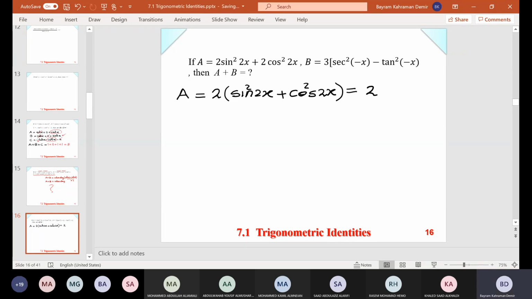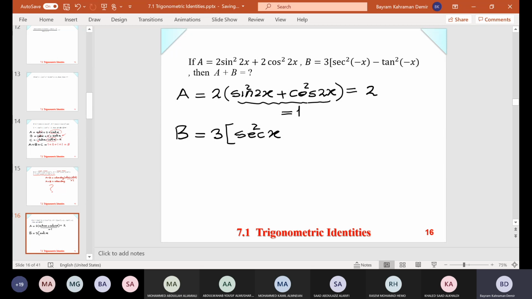All right. And the b, let's look at the b, is 3 times secant square of negative x. Well, it is the same as secant square of x, because it's an even function.